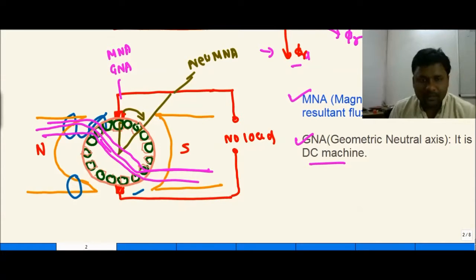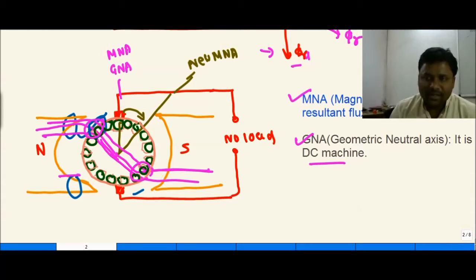Some part of the conductors has the maximum flux density, and some part has the minimum. So overall the symmetrical condition of the main field flux will be changed, and it can be very dangerous when this part of the machine is rotating.